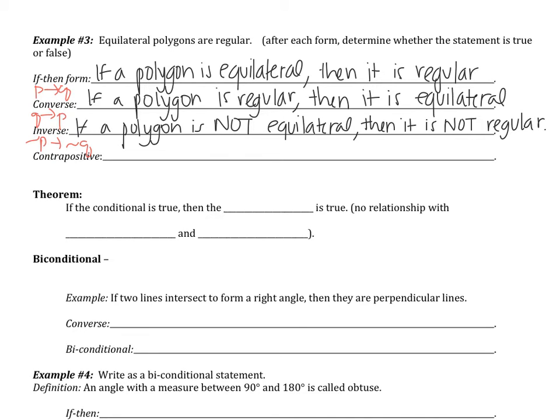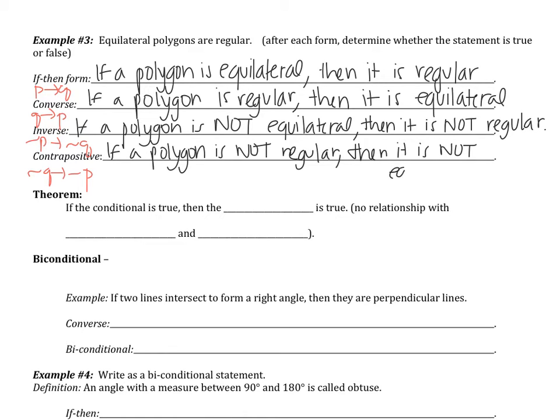And then for contrapositive, you should have flipped and negated. So if a polygon is not regular, then it is not equilateral.